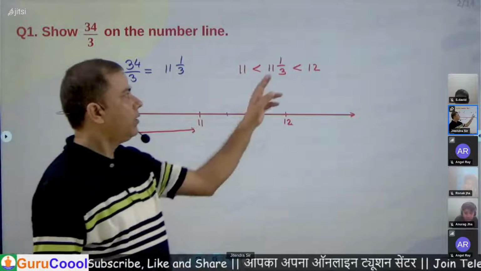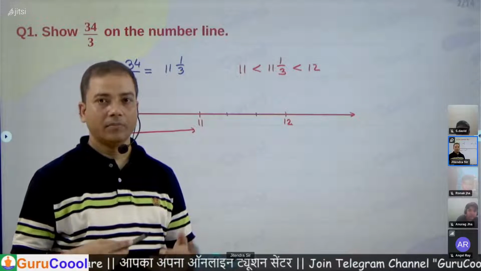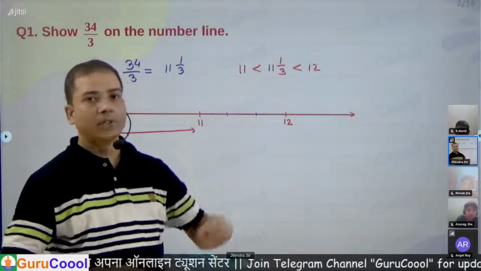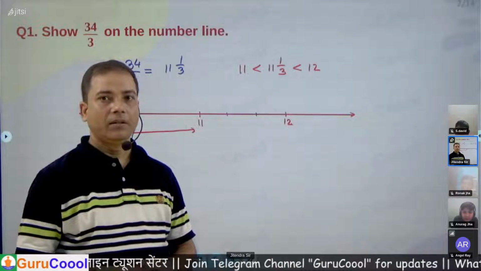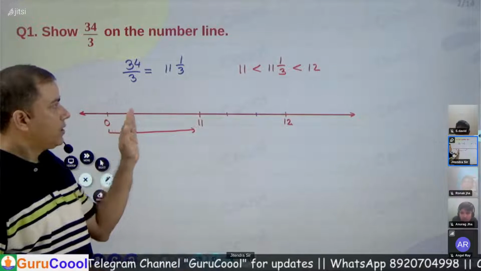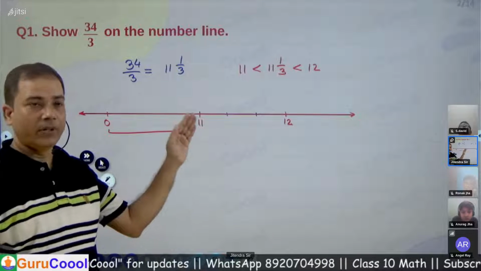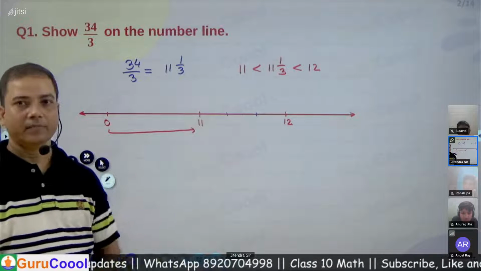What is the meaning of the number 11 and 1 by 3 on the number line? On the number line, this number means a point which is more than 11 units away from 0 on the right side.